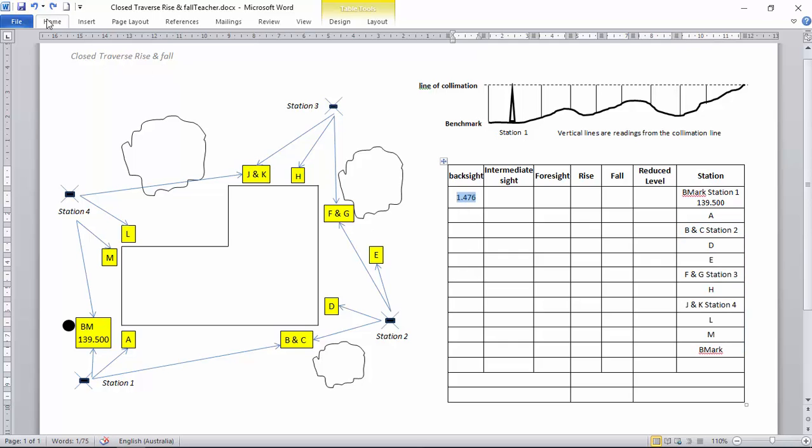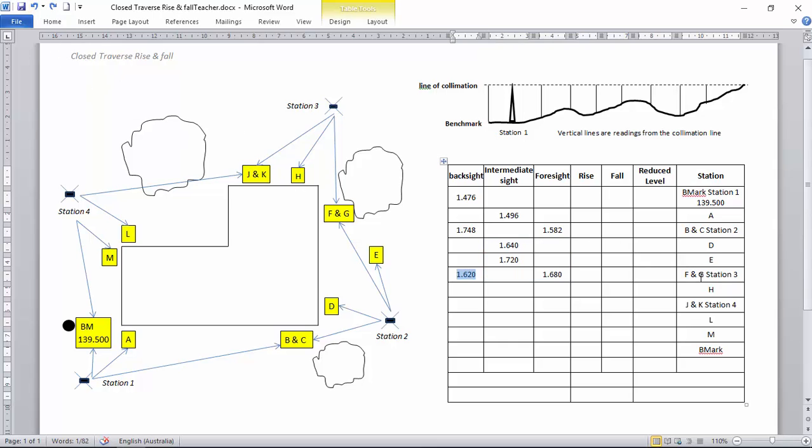We've got 1476 at our benchmark. We've got 1496 at station A, and we have 1582 at B. Then what we have from station 2, our first reading, which is our back site, which is C, is 1748. We then have our intermediate sites, and our last reading, which is F, is 1680.